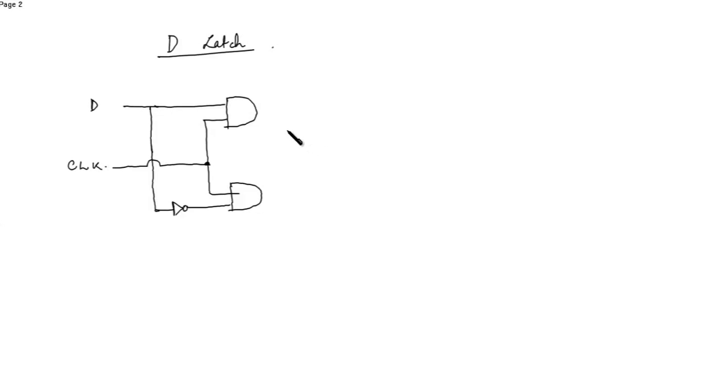Now this is the input S for the next NOR gates, and this is the output from these AND gates. This is a NOR gate.